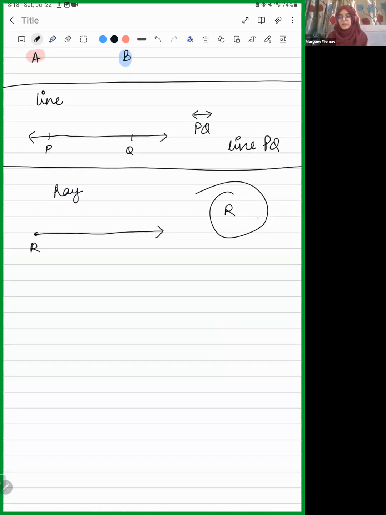R is the name of the point, the starting point. So we can just take any random point on the line. Let's say over here, S. So now RS, this becomes a ray. You can write it as ray RS. Is this okay?